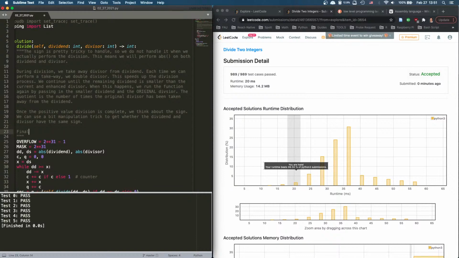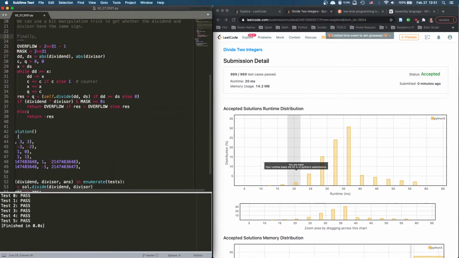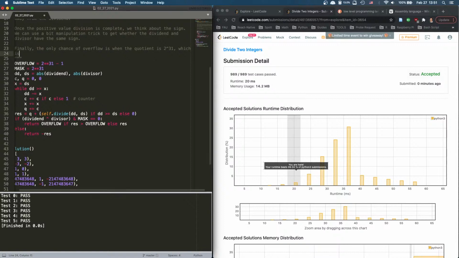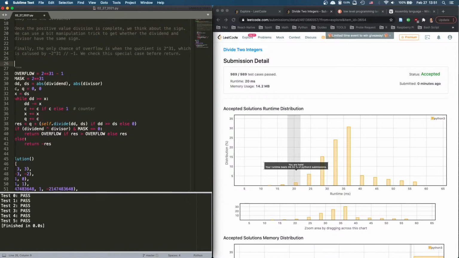And finally, the only chance of overflow is when the quotient is 2 to the 31st, which is caused by minus 2 to the 31st divided by minus 1. We check this special case before return.